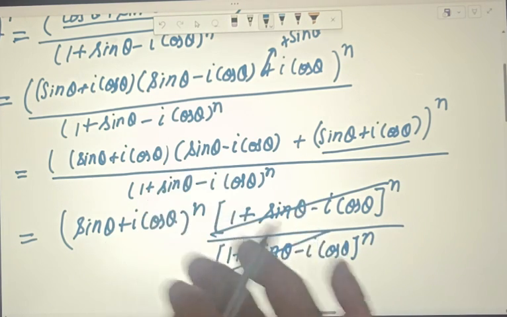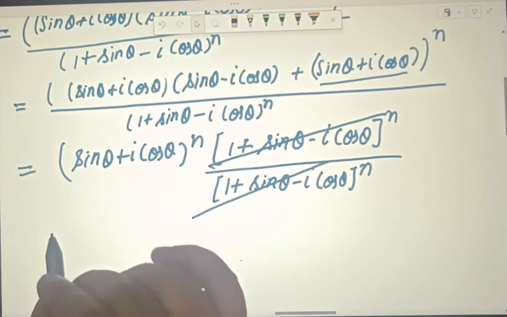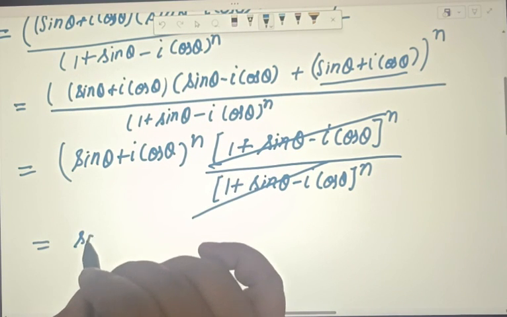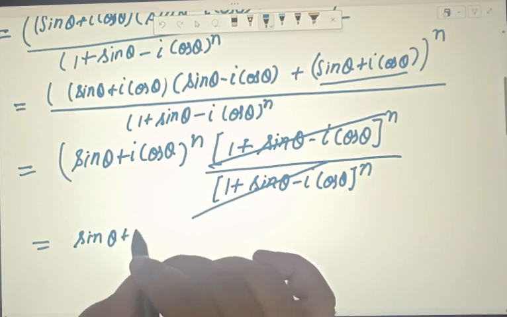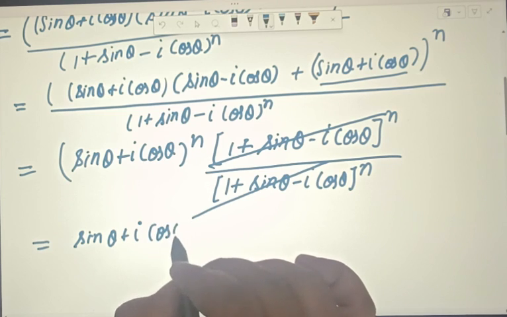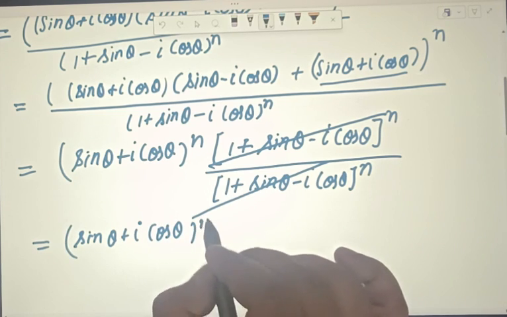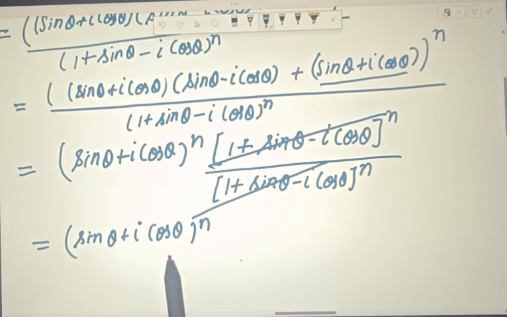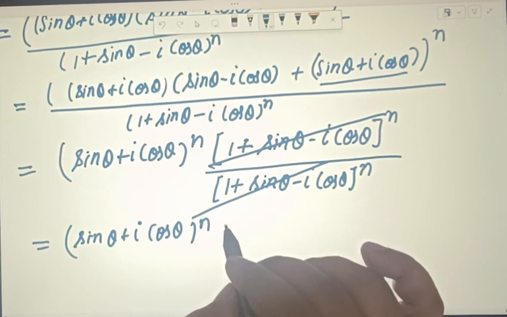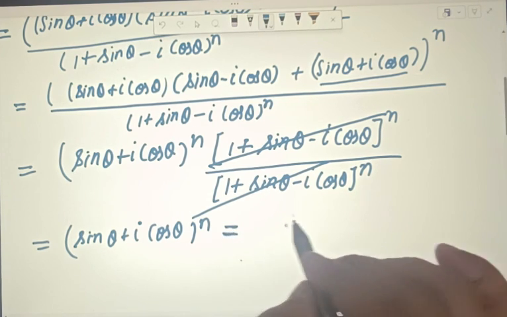So you get (sine theta plus iota cos theta) to the whole power n, which is not in cis form, since the imaginary part is cos theta and the real part is sine theta. So we will try to convert it into cis form.